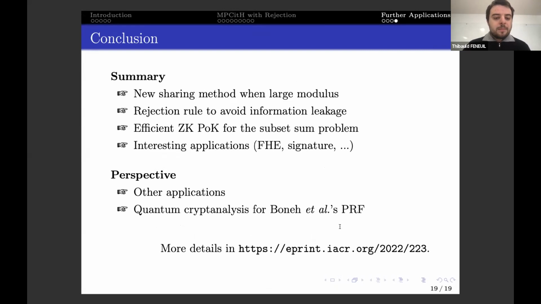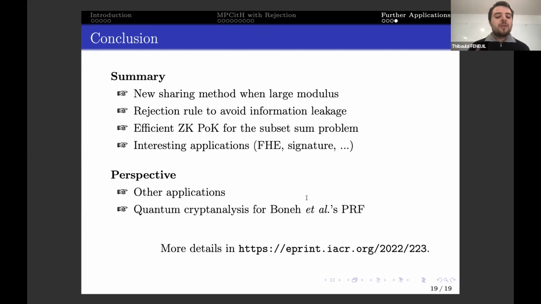To conclude, in this work, we propose a new sharing technique to share small values when using a large modulus. To avoid information leakage, we add a rejection rule. And then, using this technique, we can build efficient zero-knowledge proofs of knowledge for the case of the subset sum problem.